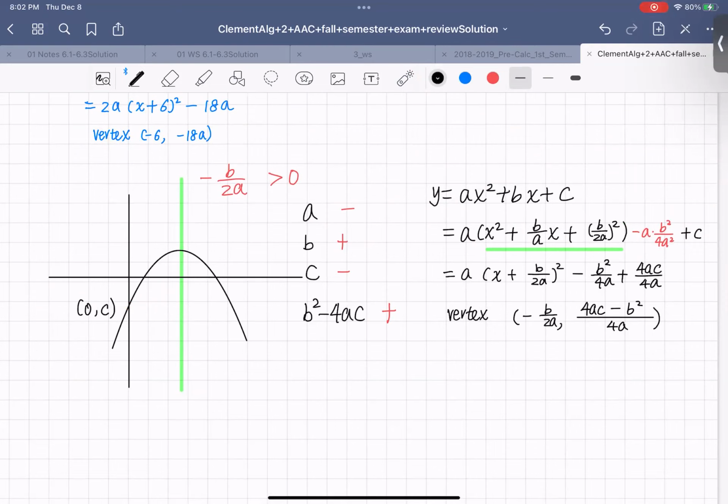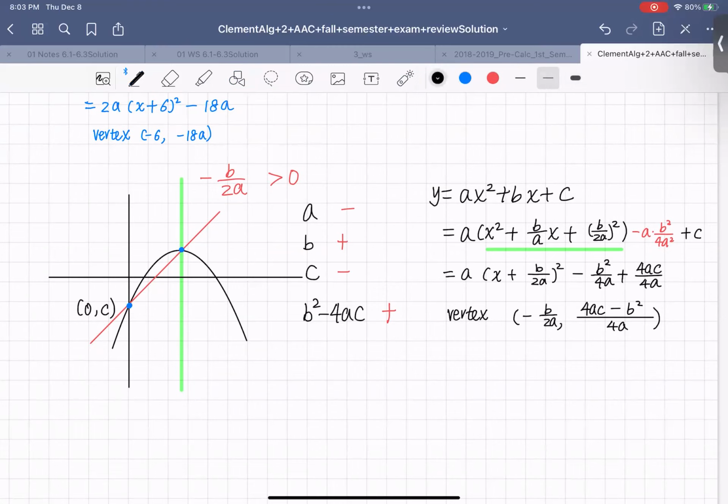Okay. If I draw a line to connect these two guys, I want to connect between the y-intercept and the vertex.